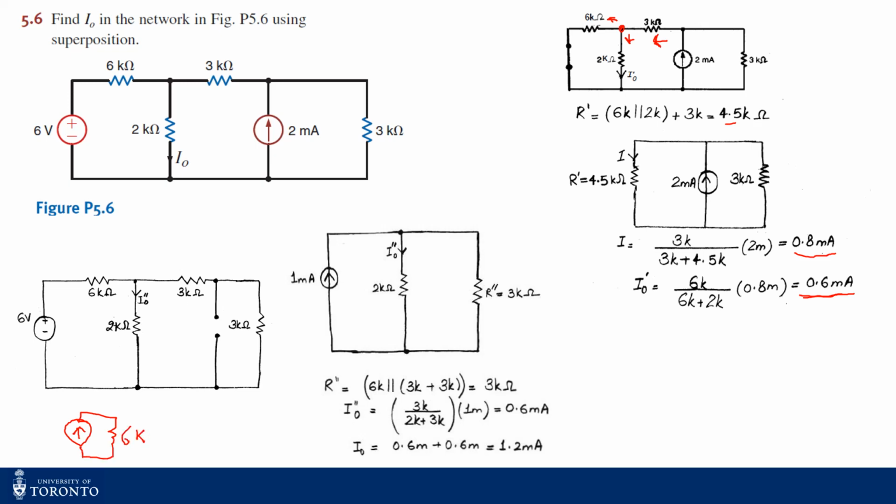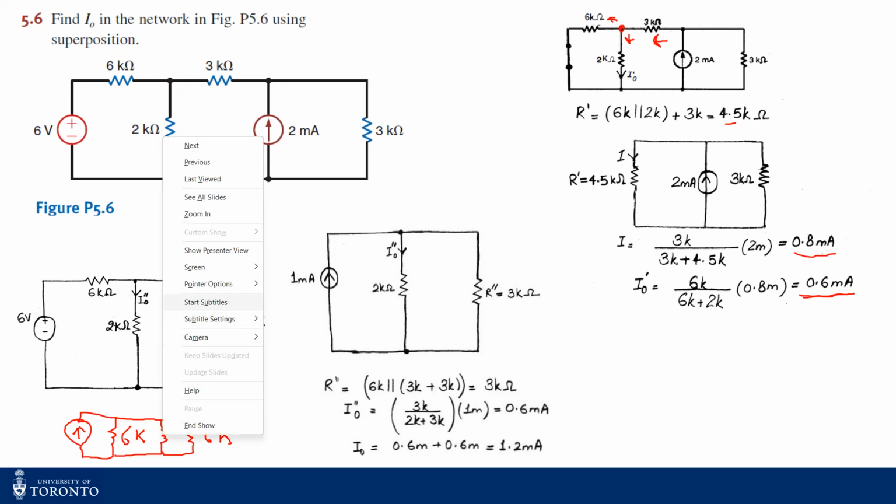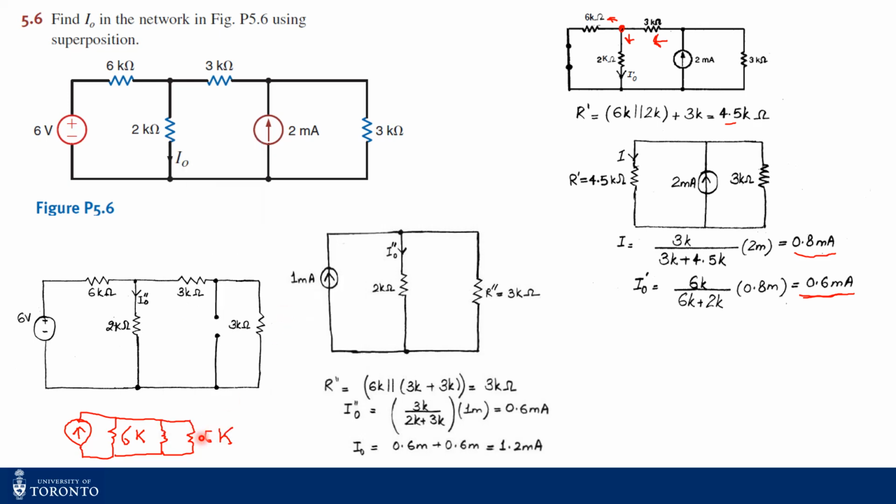Now remember, you have 2 kilo ohm coming down, and you have another 3 kilo ohm plus 3 kilo ohm, another 6 kilo ohm. So these 6 kilo ohms and these 6 kilo ohms are in parallel, right? All these three resistances are in parallel. So we combine these two 6 kilo ohm resistances into an equivalent resistance of 3 kilo ohms, because they're in parallel, and this is the net equivalent circuit.